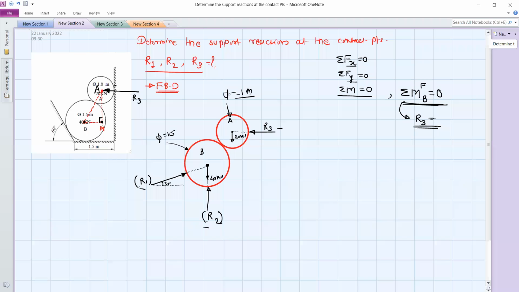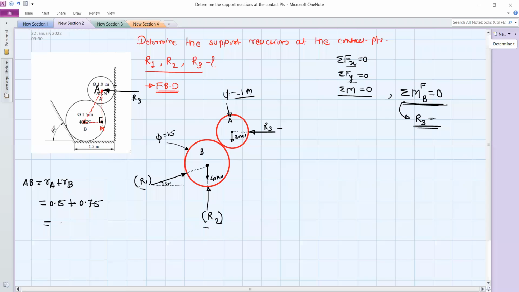But how do we find this distance? Distance AB is known. We need to add the radius of sphere A plus the radius of sphere B. So distance AB equals radius of A plus radius of B. For A it is 0.5 and for B it is 0.75.